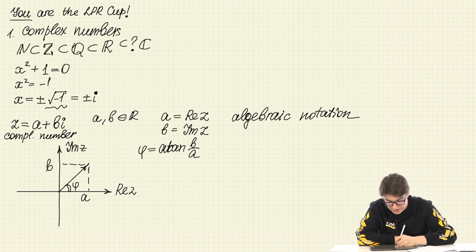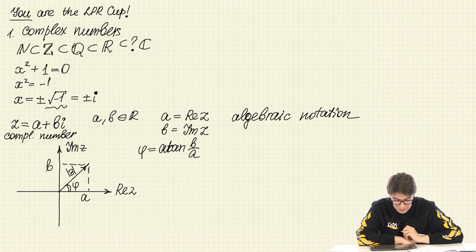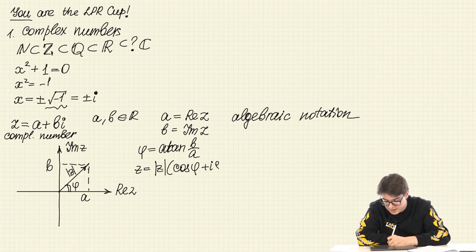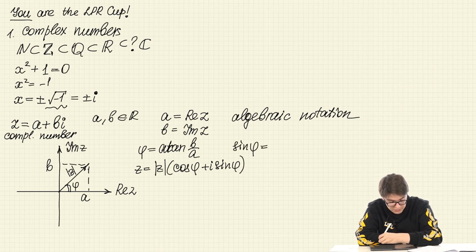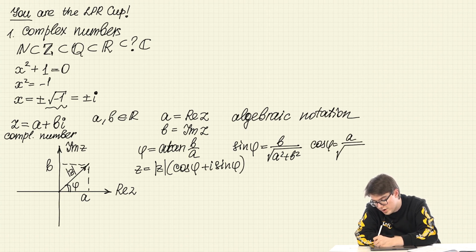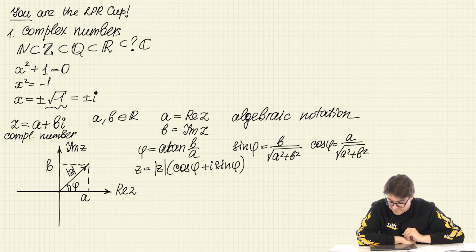This vector has the absolute value modulus z, and we can write that z equals modulus z times cosine phi plus i sine phi, since sine phi equals b over square root of a squared plus b squared, and cosine phi equals a over square root of a squared plus b squared. So the geometry is seen here.